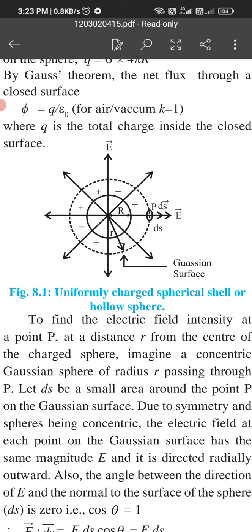So the angle between E and the normal to the surface ds is 0, so cos theta is equal to 1, meaning cos 0 is equal to 1.